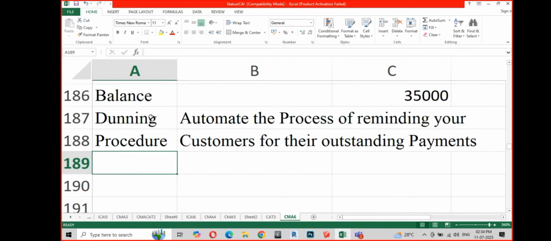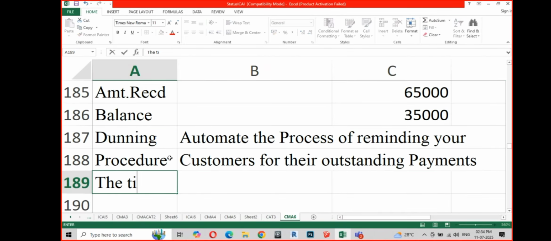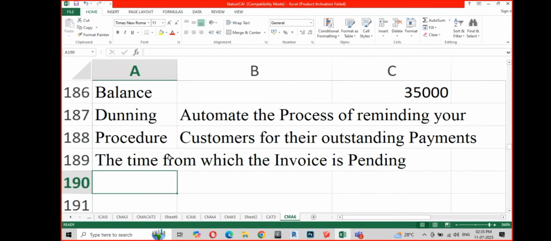The time from which the invoice is pending. For how many days the invoice is pending?